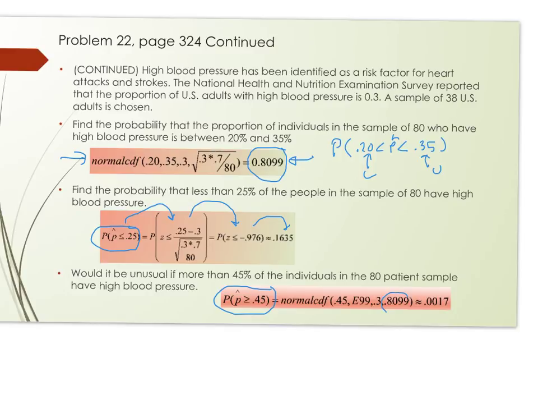And the answer, of course, is yes, because this value is less than 0.05. Well, that concludes our problems in Chapter 7.4, Sampling Distribution.